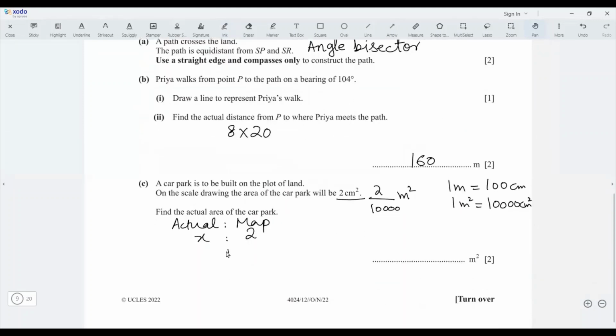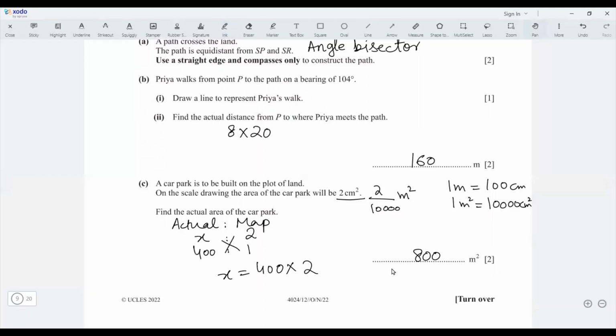So we write 400 meters squared for the actual, and for the map, 1 squared is 1. Now cross multiply: 1 times x is x, and 400 times 2 gives us 800 meters squared when dealing with 2 centimeters squared.